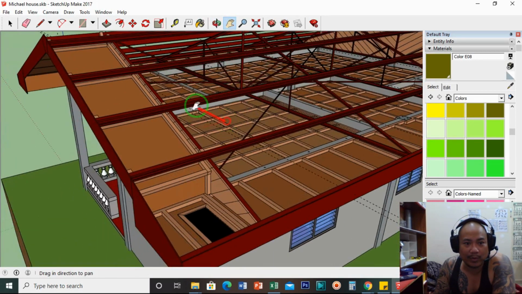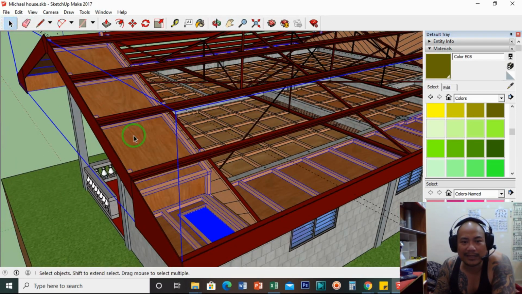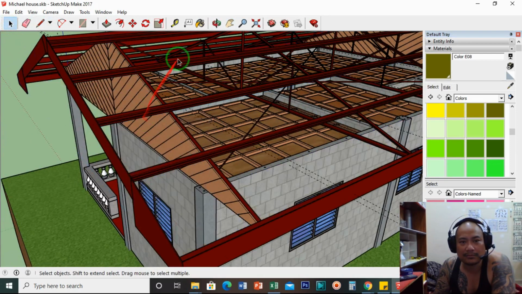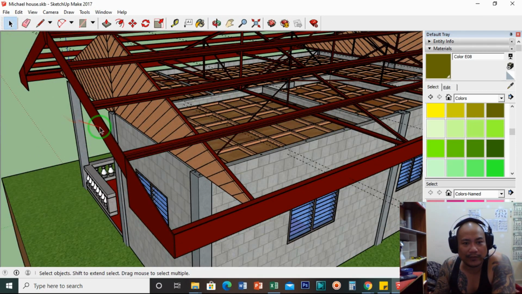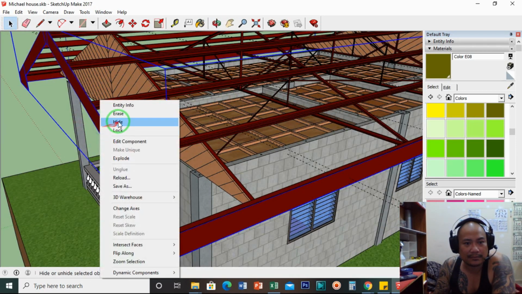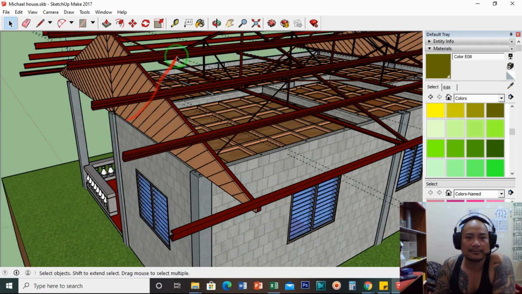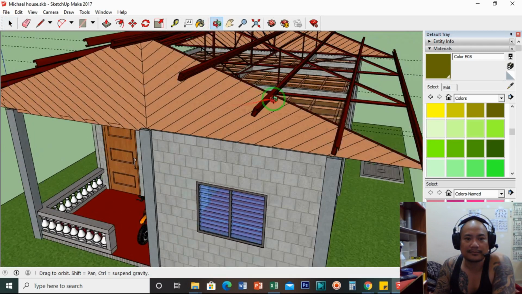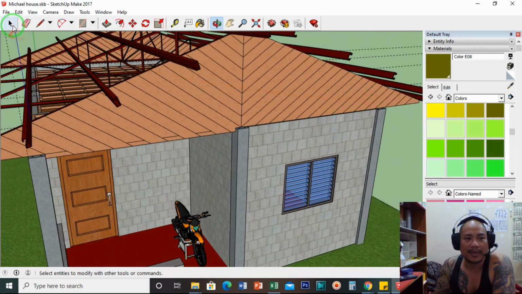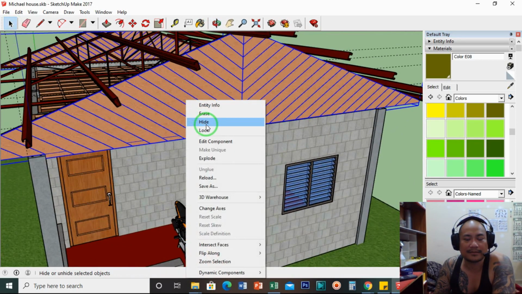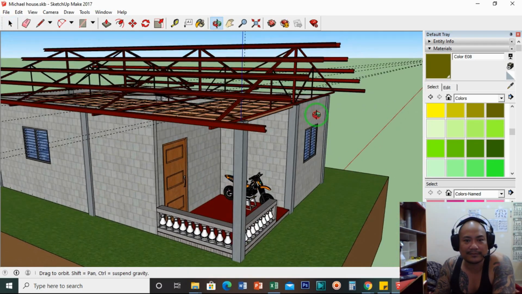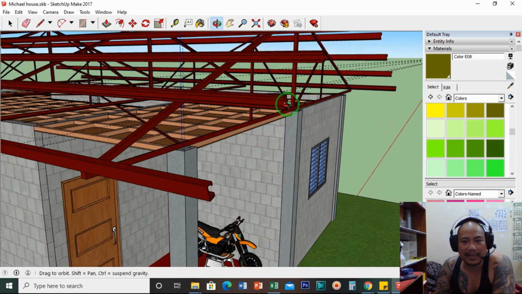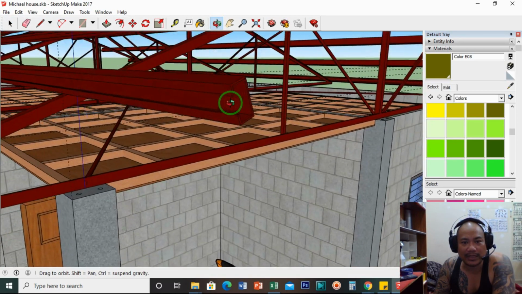Now I will remove the outer ceiling, and I will remove the roof skirts. Maybe I will remove this one also. So this is what it looks like without roofing. See here, I am using the C channel.